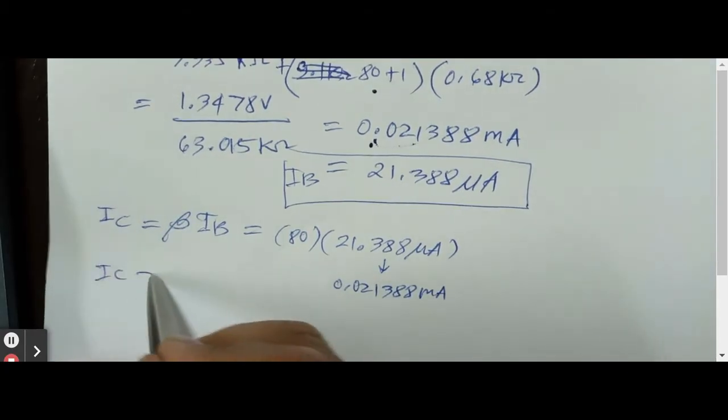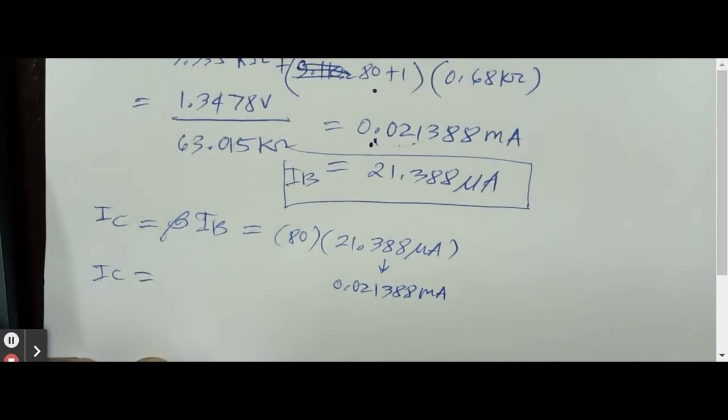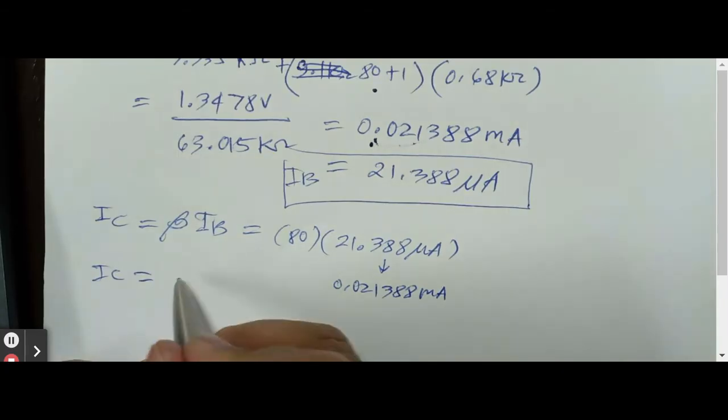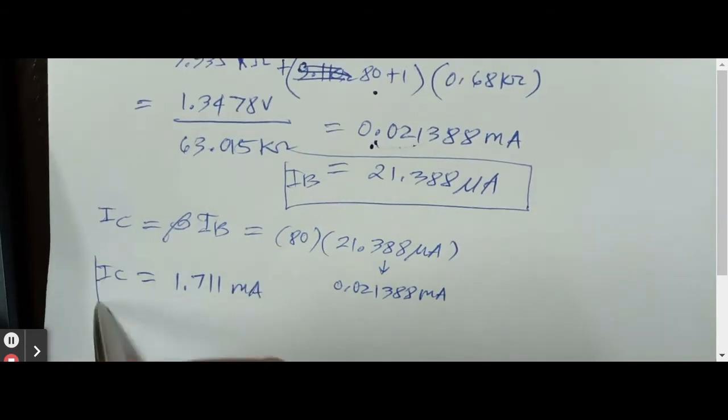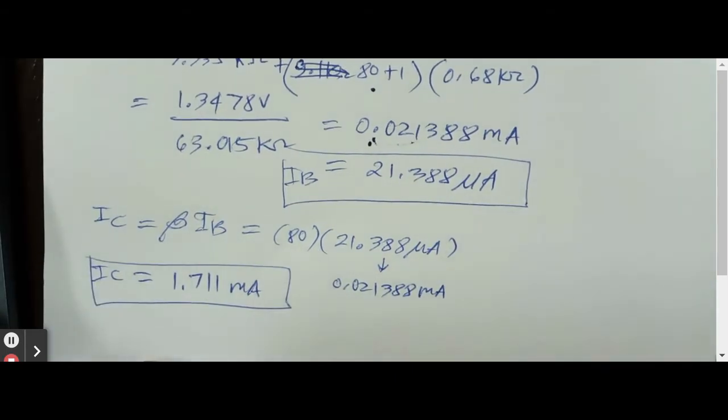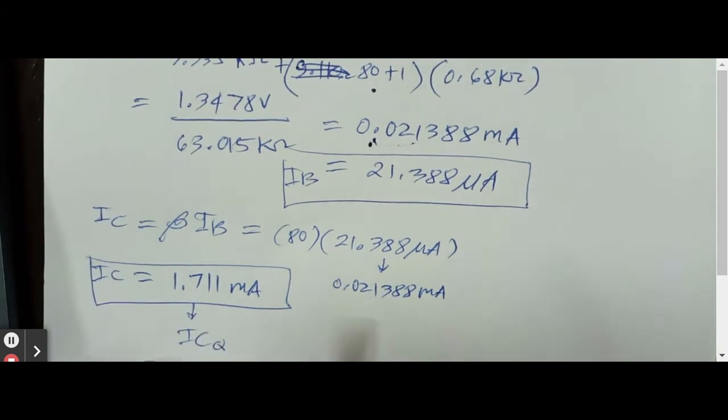And our IC will be equal to 80 multiplied by 0.021388. It will be 1.711 milliamperes. And this will also be our ICQ.